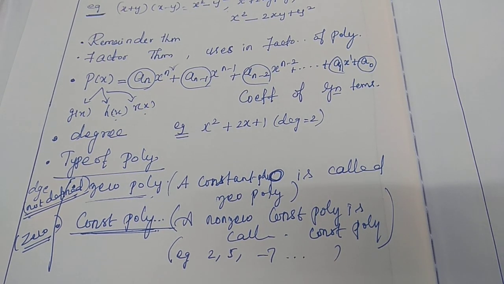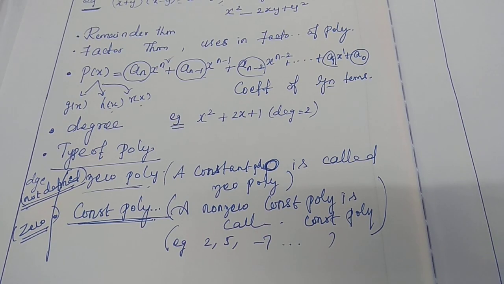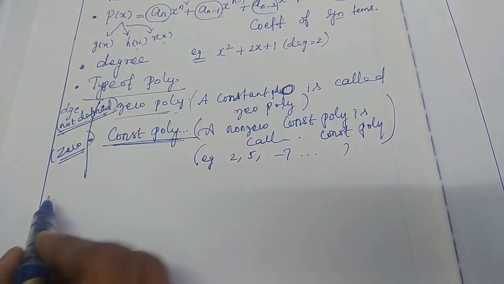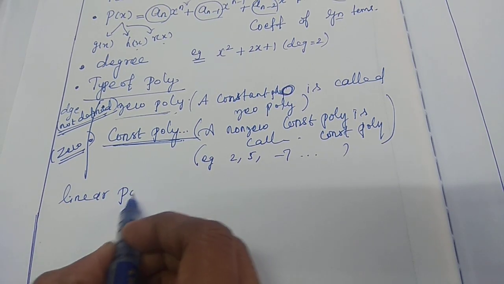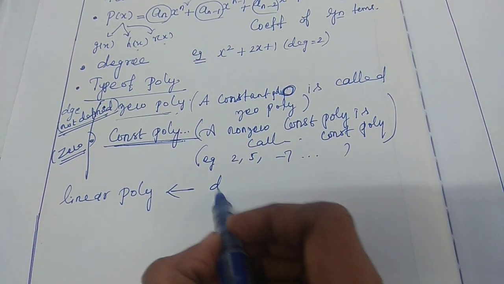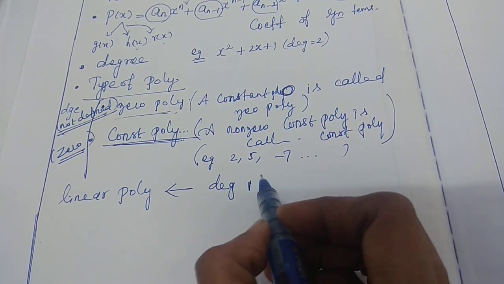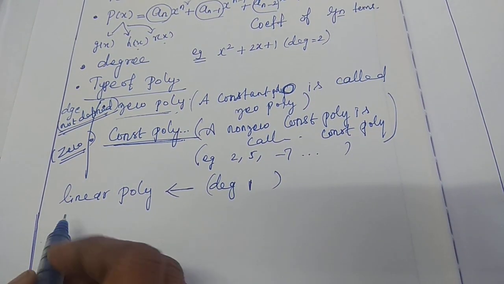And move to linear polynomial. The polynomial of degree 1 is called a linear polynomial.